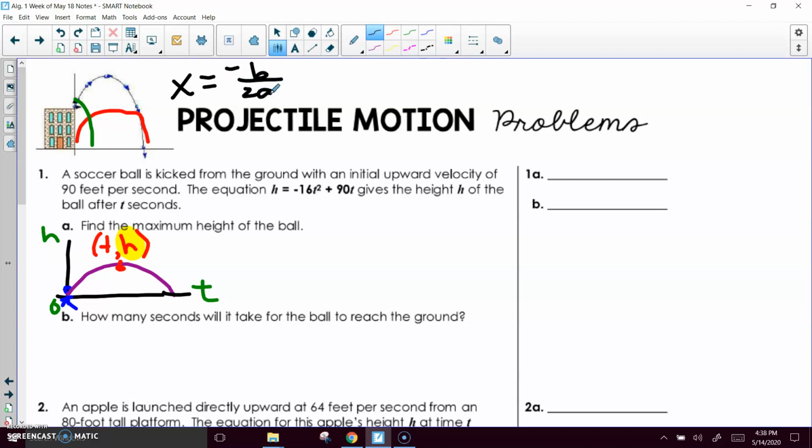My a value is negative 16. My b value is 90. So x equals the opposite of b, so negative 90 over 2 times my a value. So negative 90 divided by negative 32. Type that in your calculator.